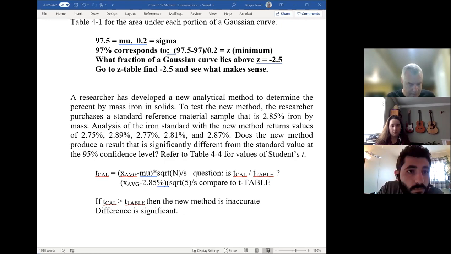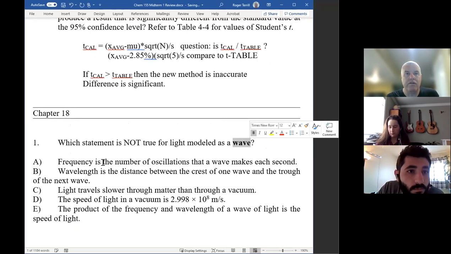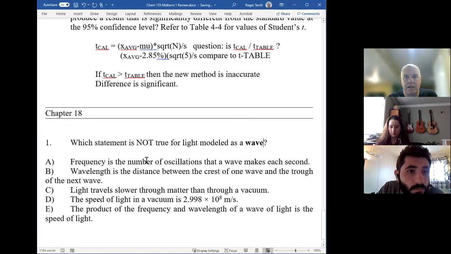Let's see here. Which statement is not true for light modeled as a wave? Frequency is the number of oscillations that a wave makes each second. Yeah, that's true. Wavelength is the distance between the crest of one wave and the trough of the next. Not true.